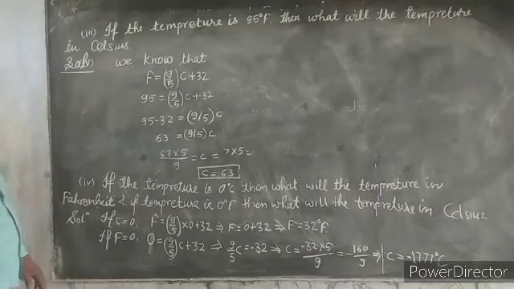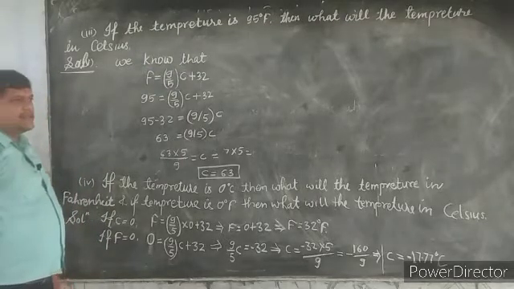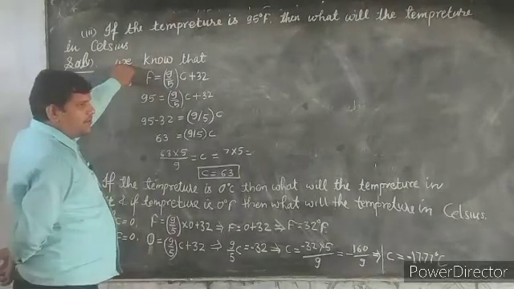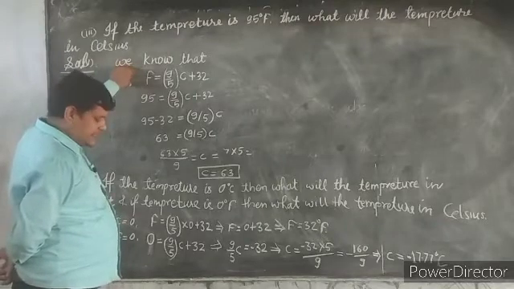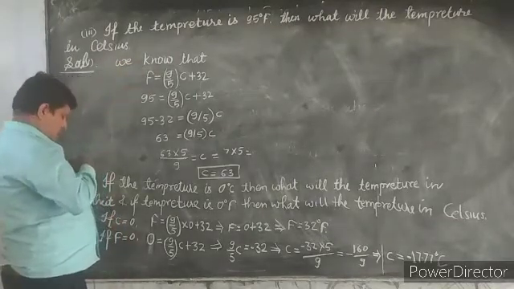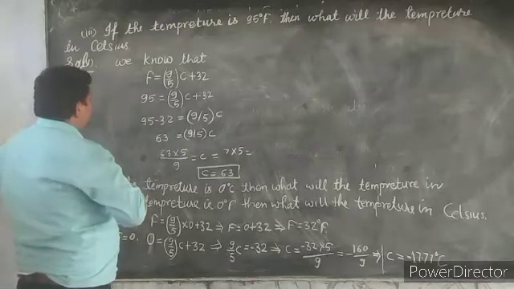And now the third part is, if the temperature is 95 degrees Fahrenheit, then what will be the temperature in Celsius? For this also we will use the previous formula. We know that F is equal to 9 upon 5 C plus 32.